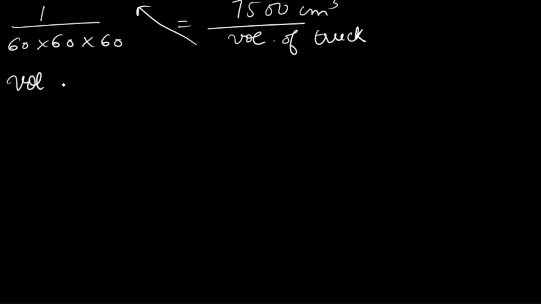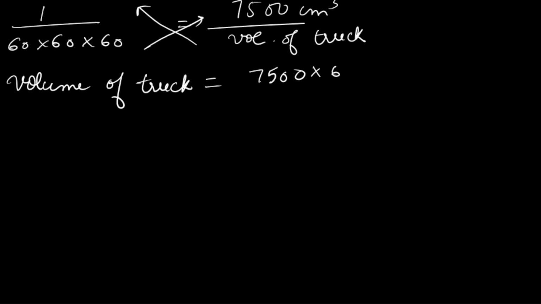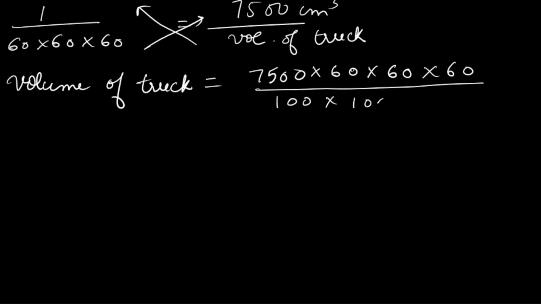So it will become volume of truck is equal to 7,500. So this 60 into 60 into 60 also will get multiplied. Here they are getting divided. Now centimeter cube we have to convert to meter cube. So that means we have to divide with 100, but 3 times. 100 into 100 into 100.